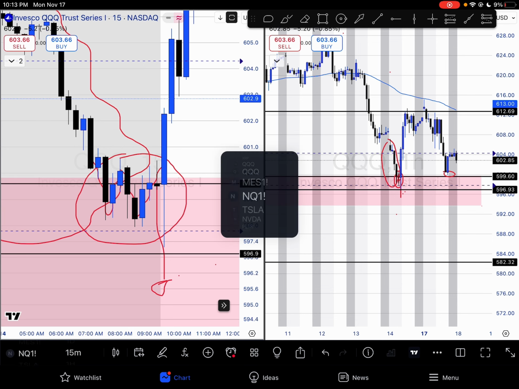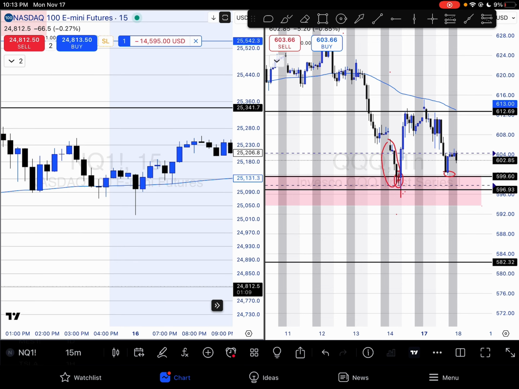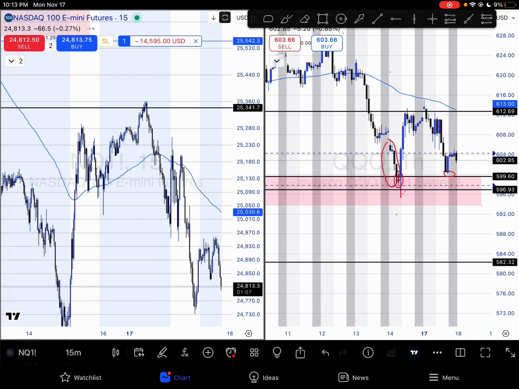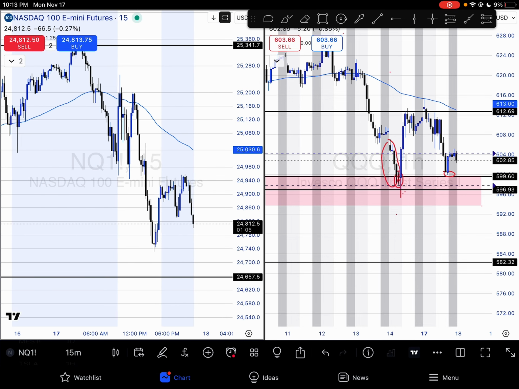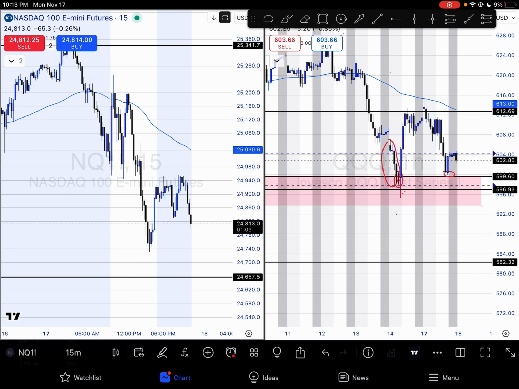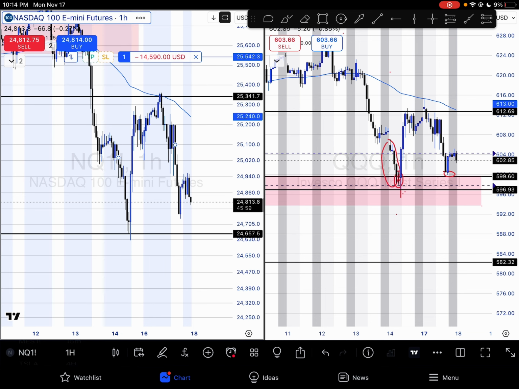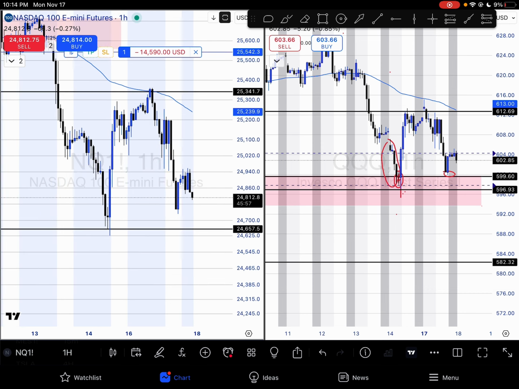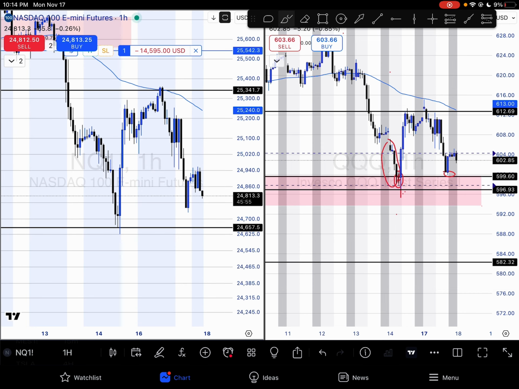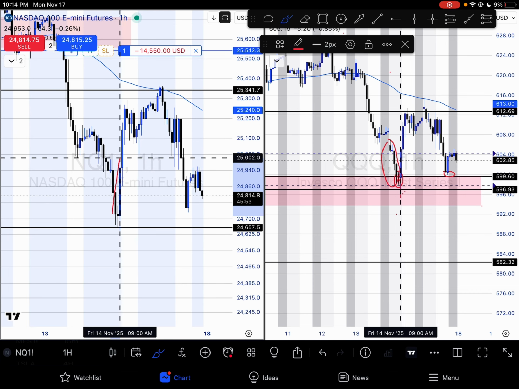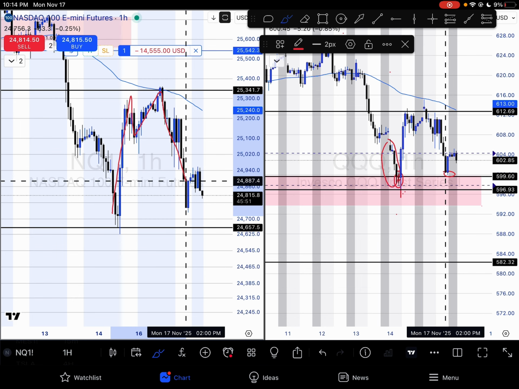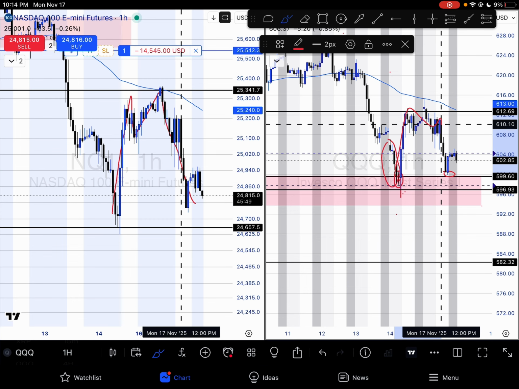Let's mirror it on NQ and see what's been going on. Let's change this to the 1 hour just to get a little more precise. So we're looking at that same thing here.